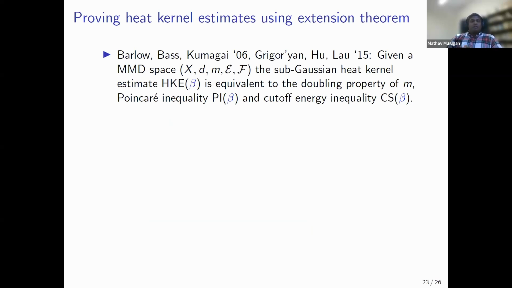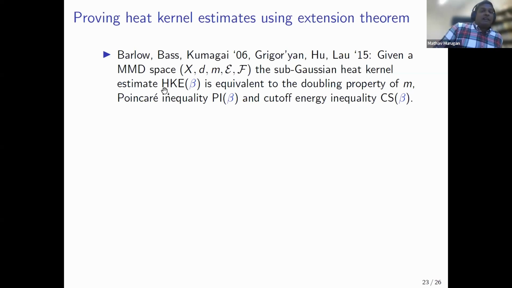Perhaps the most classical one for Gaussian heat kernel bounds is due to Grigor'yan and Saloff-Coste. But for sub-Gaussian heat kernel estimates, it's known to be equivalent to the doubling property of the measure m, a Poincaré inequality, and a cutoff energy inequality. So these are all some functional inequalities that this metric measure Dirichlet space may or may not satisfy.